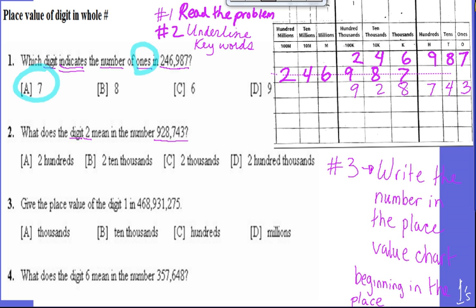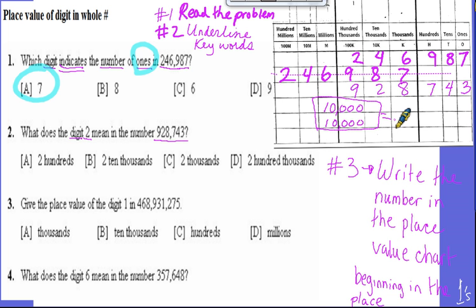So 2 what? The 2's in the 10,000. So how many 10,000s do we have? 2 of them, right? Is that 2 10,000s there, Marissa? Yes, that is 2 10,000s.